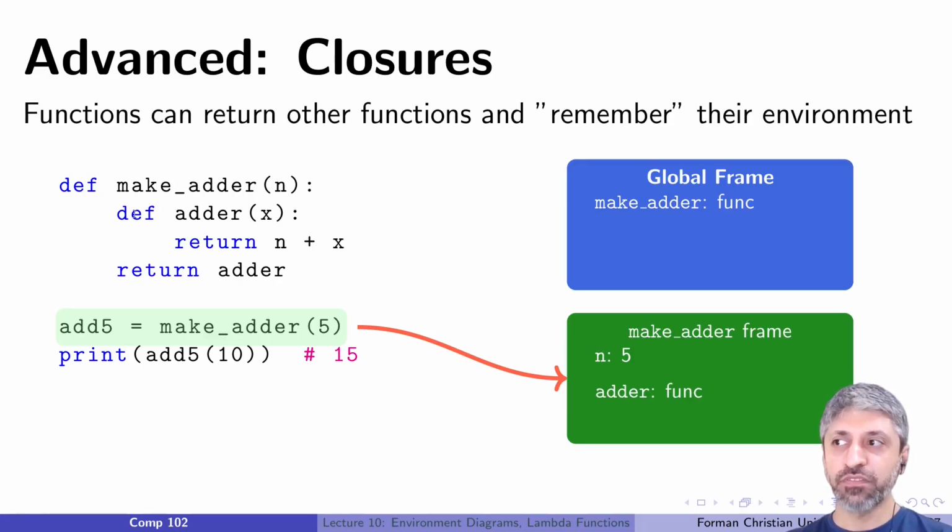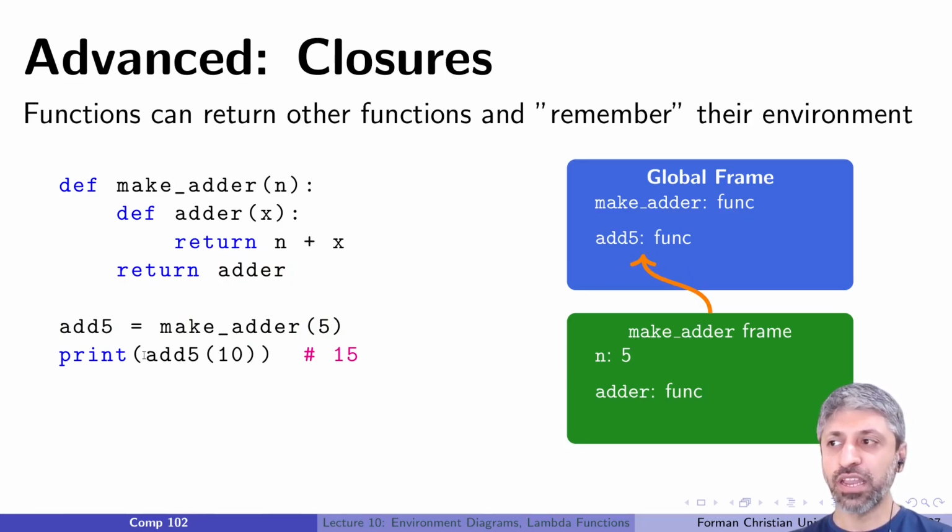You also have the function which you create inside make_adder, and that also goes inside the make_adder frame. The scope of this is the make_adder frame. It cannot be accessed from outside. So now you're returning that adder function.